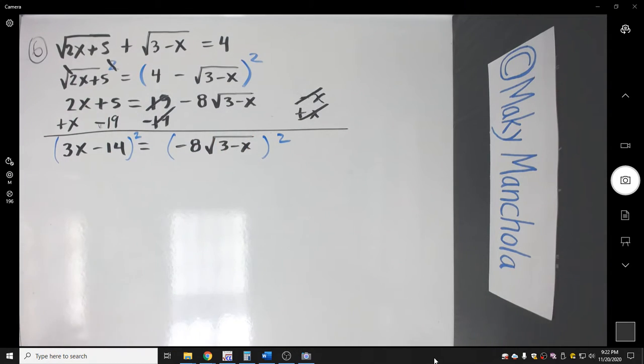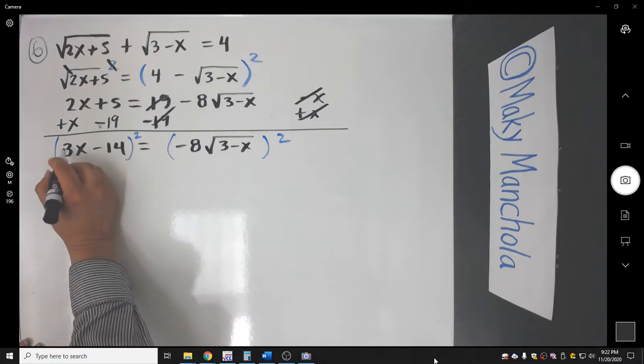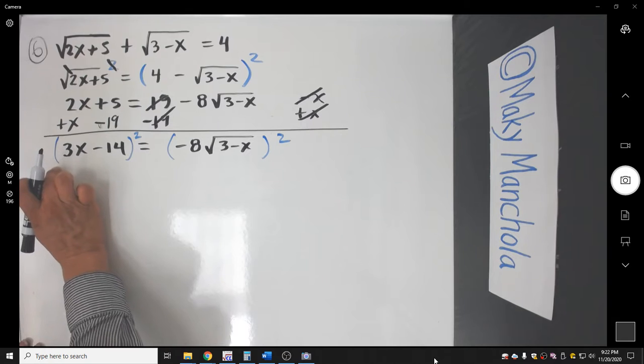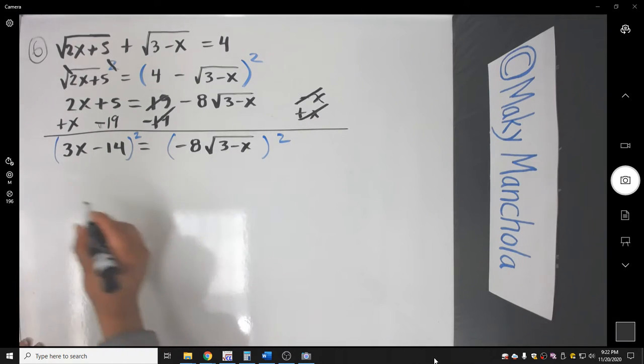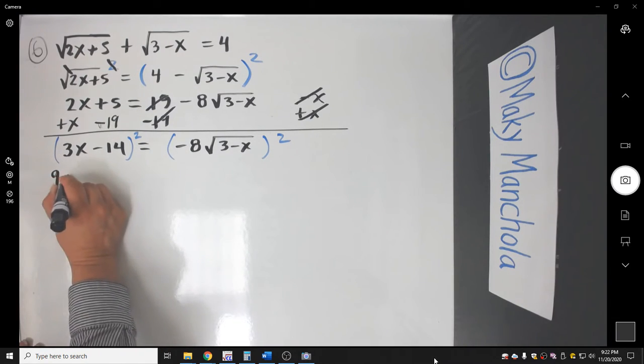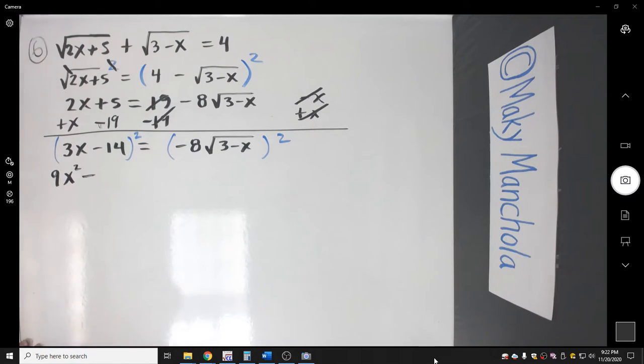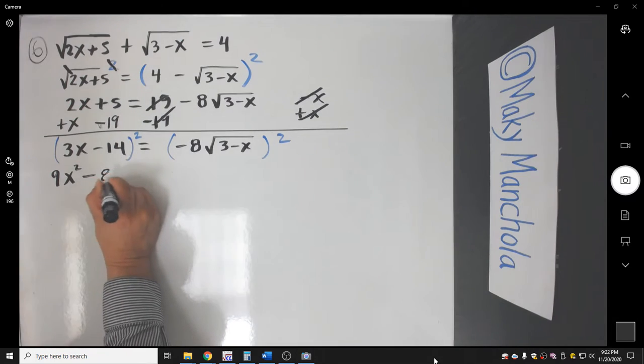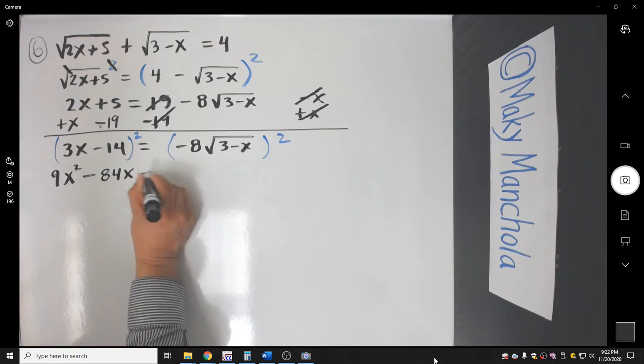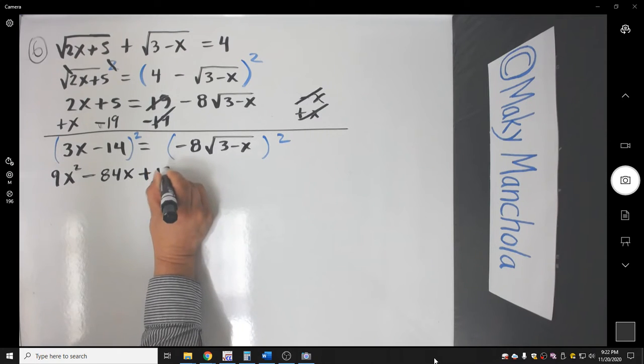Carefully do your arithmetic. So here we get, when we multiply 3x minus 14 times itself, 9x squared minus 84x plus 196.